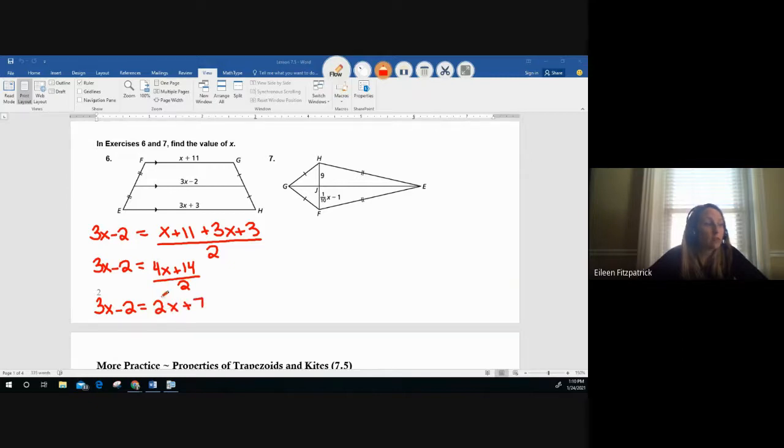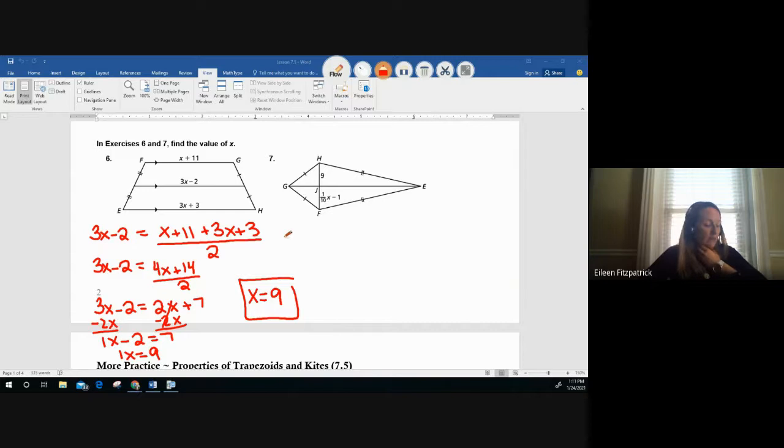If you didn't think to do that, if you multiply both sides by 2, you'll still get the same answer in the long run. I'm going to subtract 2x from both sides. So now I have 1x minus 2 is equal to 7. Add 2 to both sides, and I get 1x is equal to 9. So I know x is equal to 9 for problem 6.